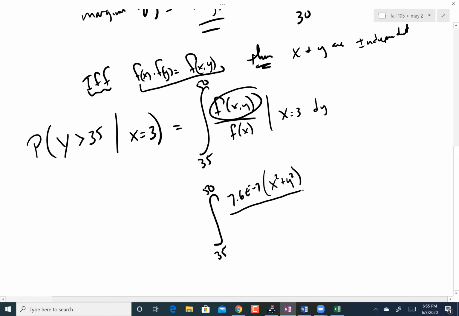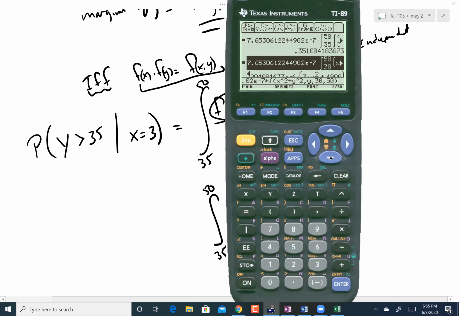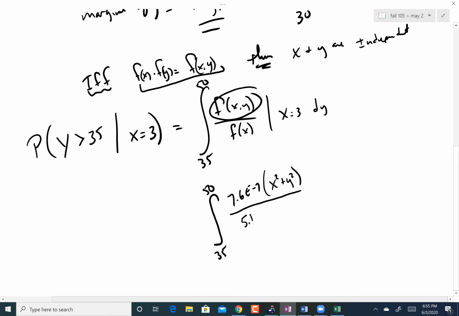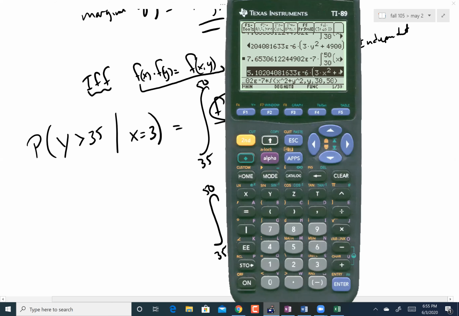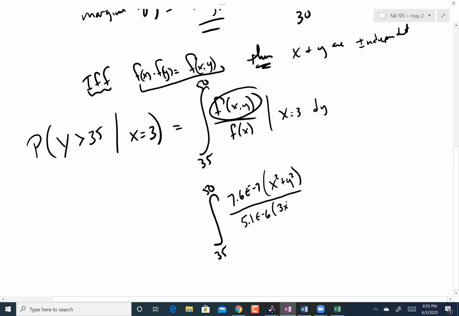On the bottom we're going to have 5.1 e minus 6, and then inside the parentheses, we have 3x squared plus 4900.